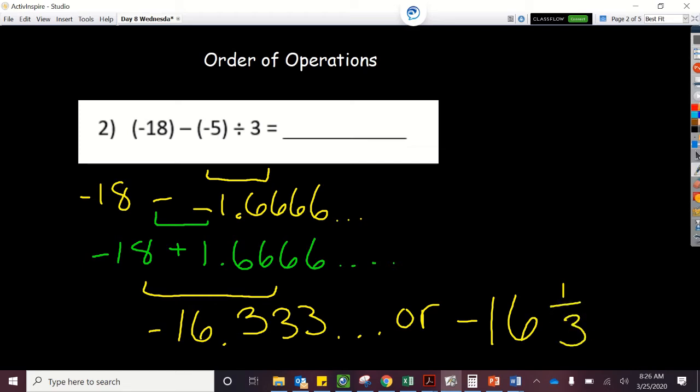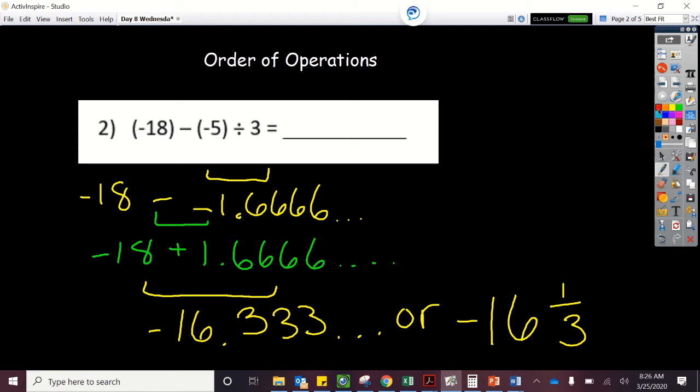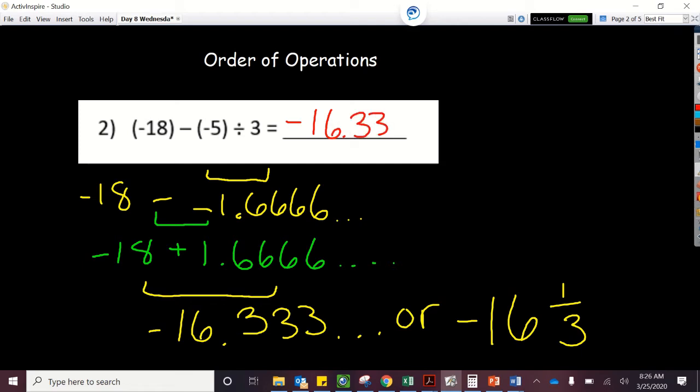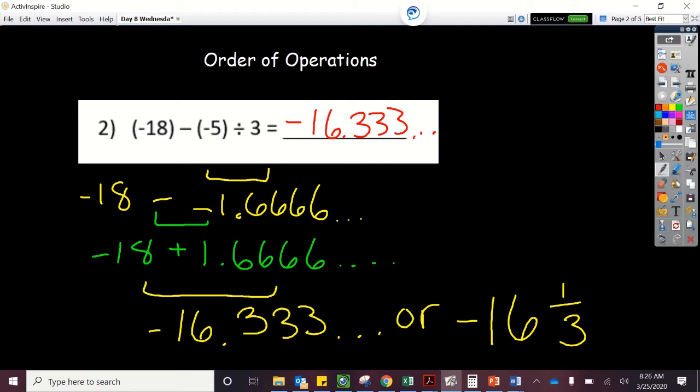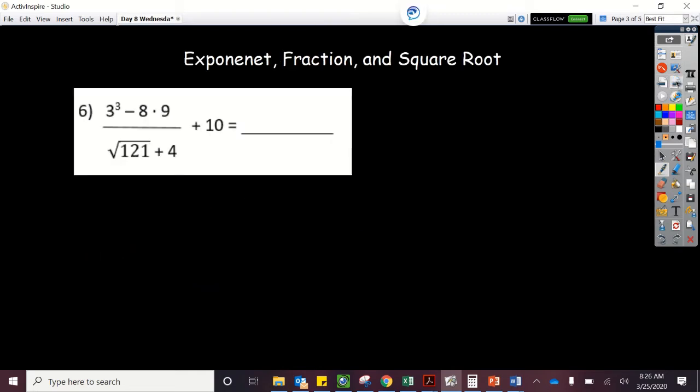Either of those answers would have been just fine. Up top here, I'm going to write in how most people had it, which was negative 16.3 repeating. And that was a tricky problem. I think maybe it threw some people because of the negative and the repeating decimal, but that is the correct answer.